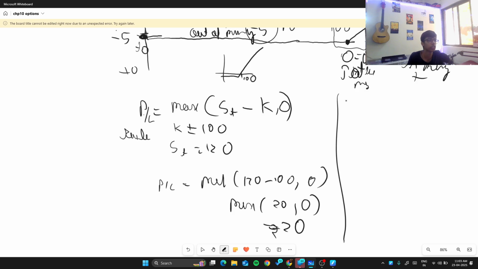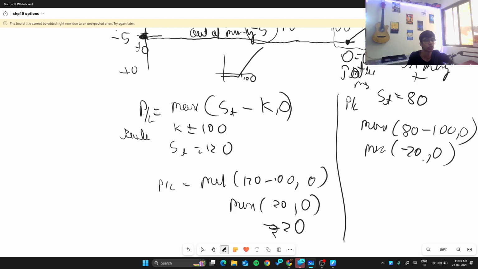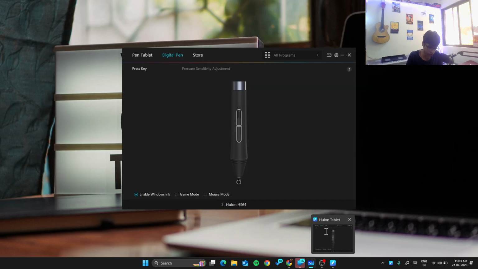And if the spot price is less than 100, say 80, then the maximum of 80 minus 100, because our strike price was the same, so between the maximum of -20 and 0, 0 is bigger than -20, so the value of the option will be 0. That is the logic behind the profit and loss.